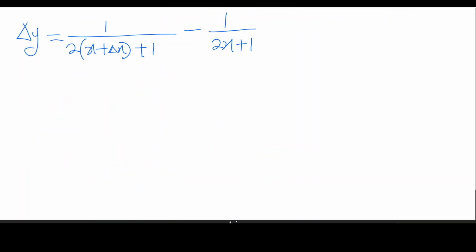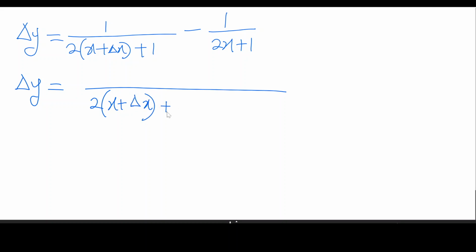So we have delta y equals 1 over 2 into bracket x plus delta x plus 1 minus 1 over 2x plus 1. So we quickly get the LCM here. We have delta y equals, the LCM is going to be the combination of this and this. So that's going to be 2 into bracket x plus delta x plus 1 all together like this, then multiplying 2x plus 1.